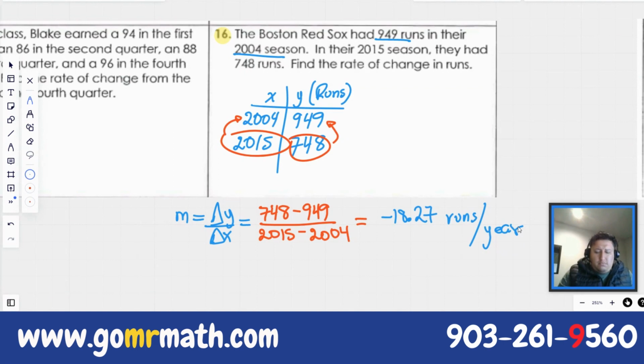Okay, let me make a double check in here because I think one of my numbers is off. I'm subtracting 748 minus 949, 2015, 2004. Yeah.